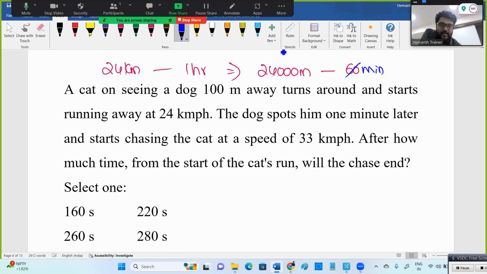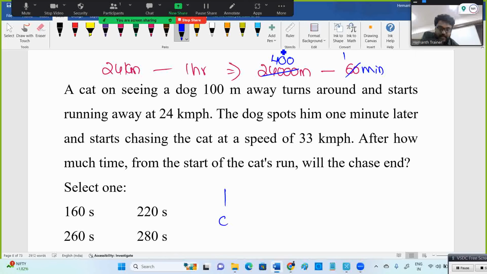In 1 minute it can travel 400 meters. Is it so? Can we consider that in 1 minute the cat can travel 400 meters? Already the distance between cat and dog is 100. Now 400 extra means 500 is the distance between cat and dog. Before the chase starts, the distance between cat and dog is 500.